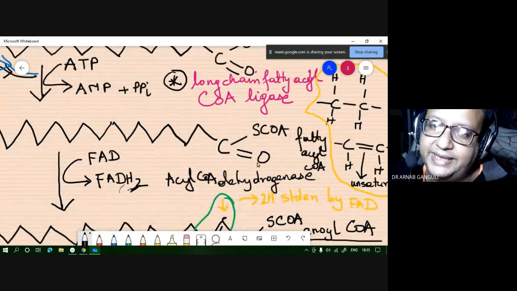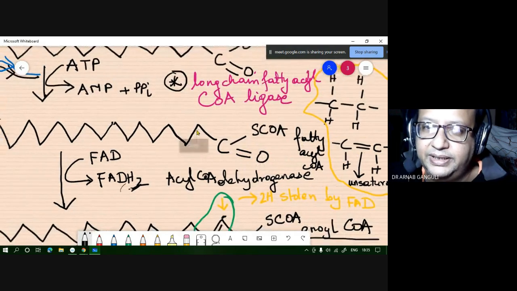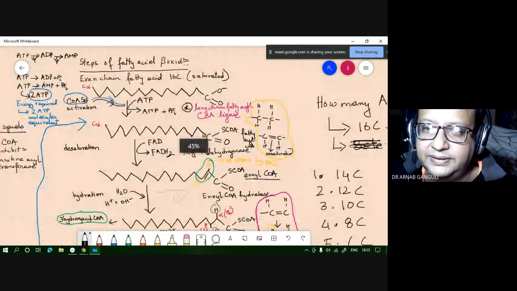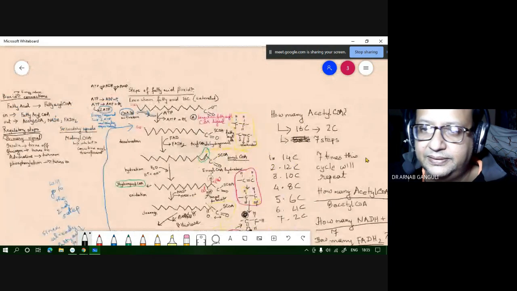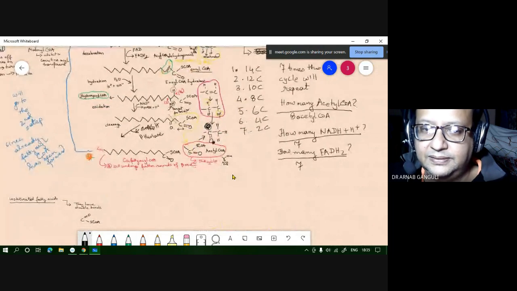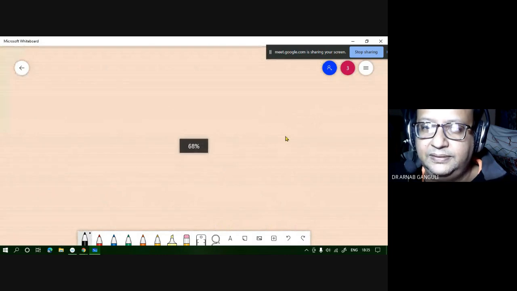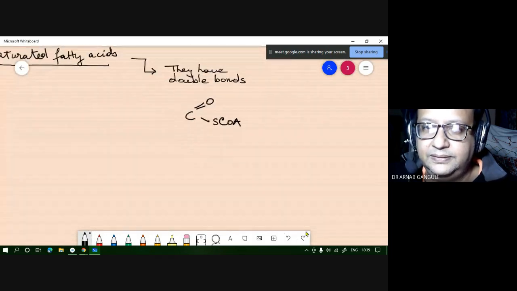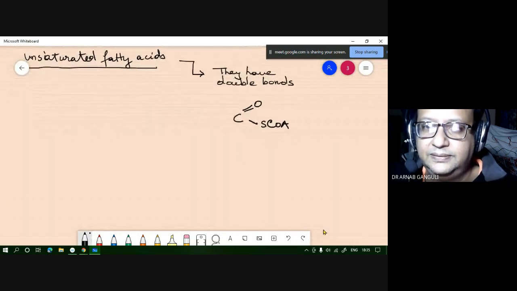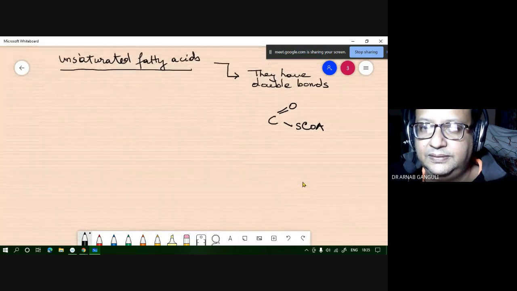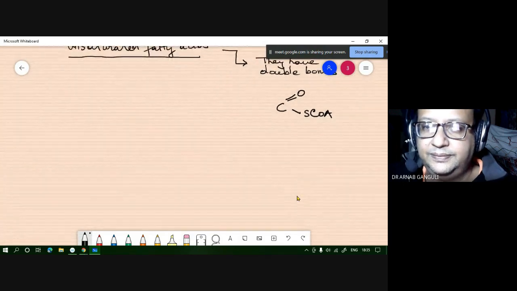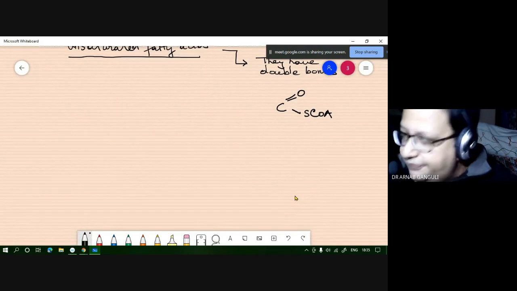We are starting from the acyl. COSCoA. So this is the fatty acid.